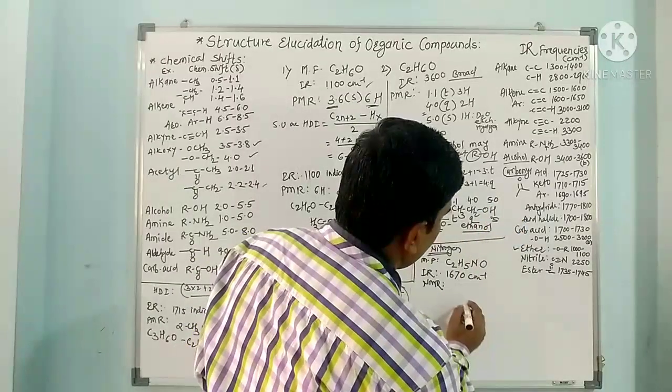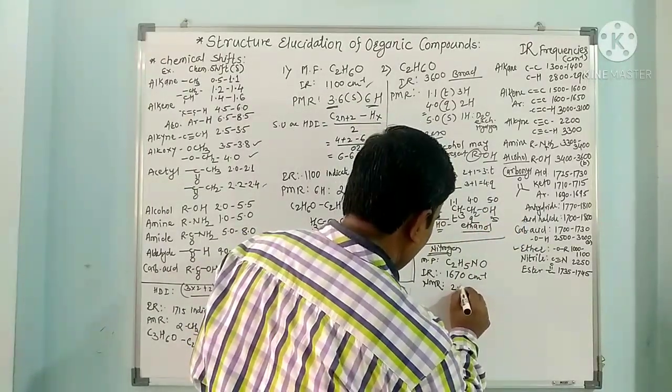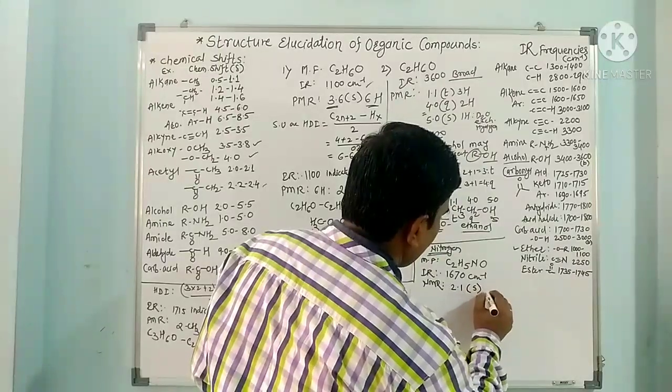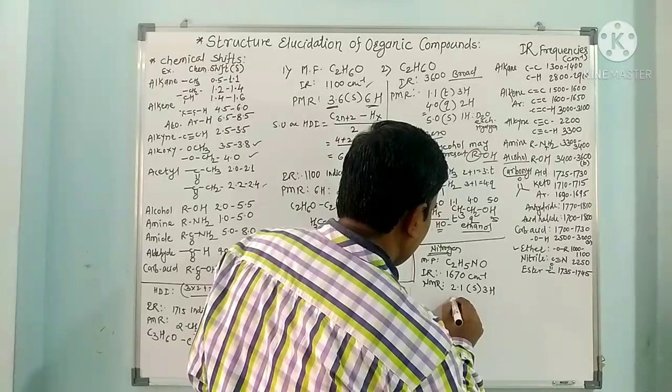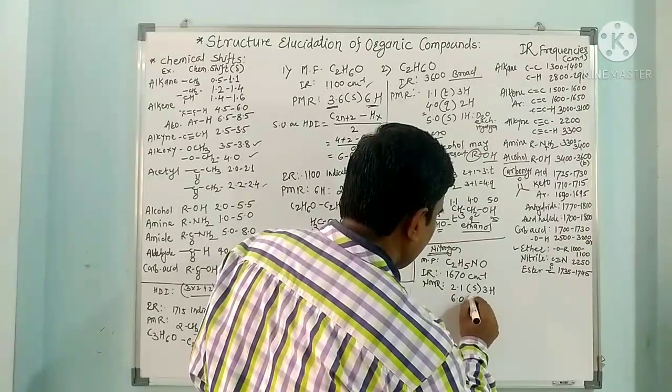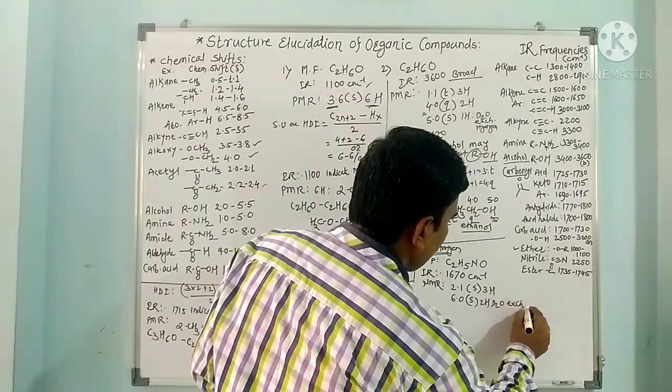having two signals, one at 2.1 singlet given by 3 hydrogens, and at 6.0 singlet given by 2 hydrogens, and these are the D2O exchangeable hydrogens.